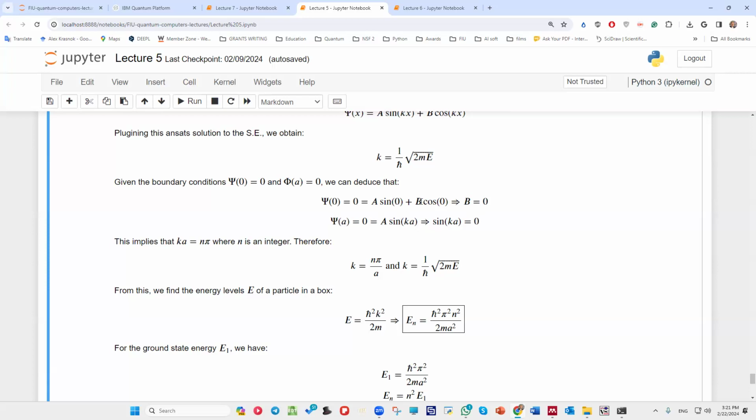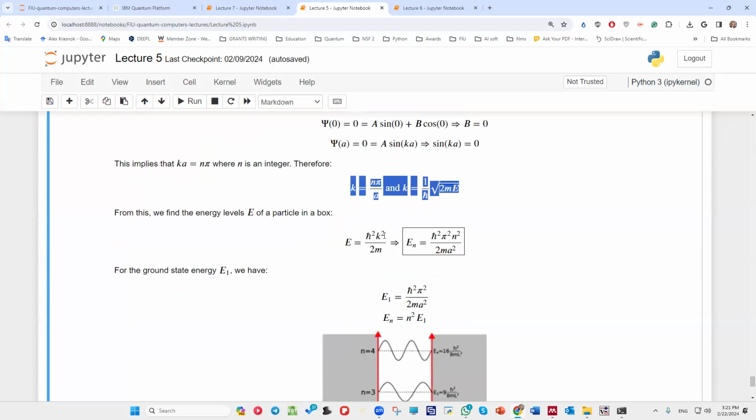Right, so we omit this cosine solution. Also, at the coordinate a, when x is equal to a, we get this expression here, and it also must turn to zero, again because of the boundary conditions. And this gives us the following solutions for the k number.